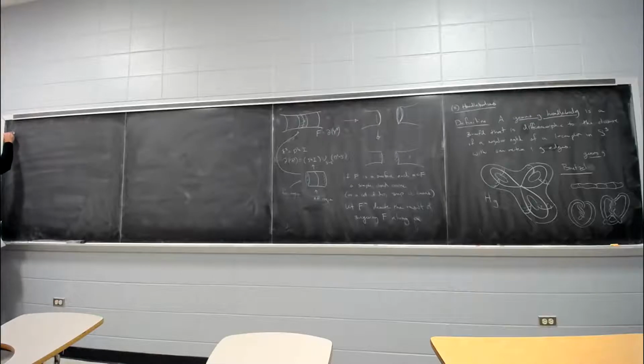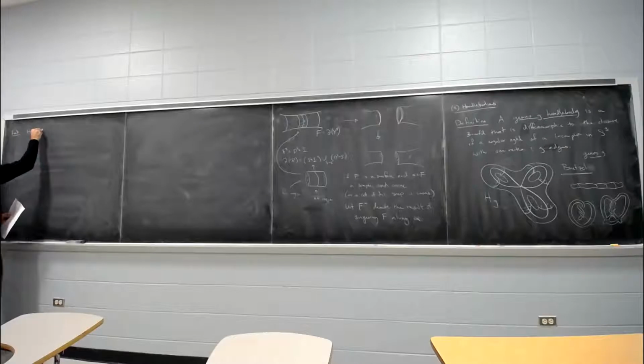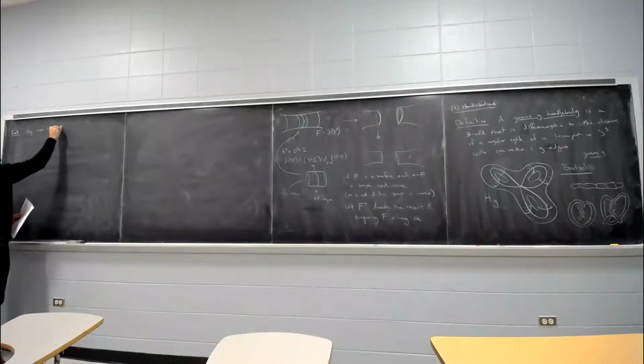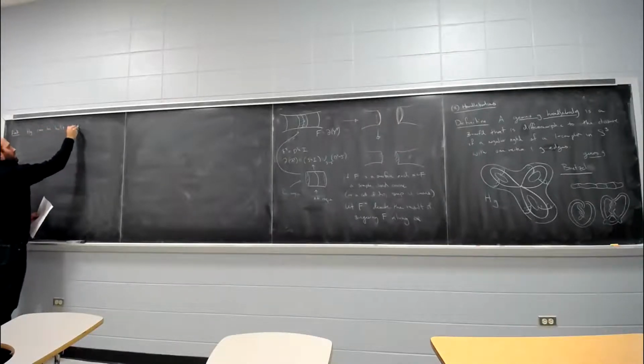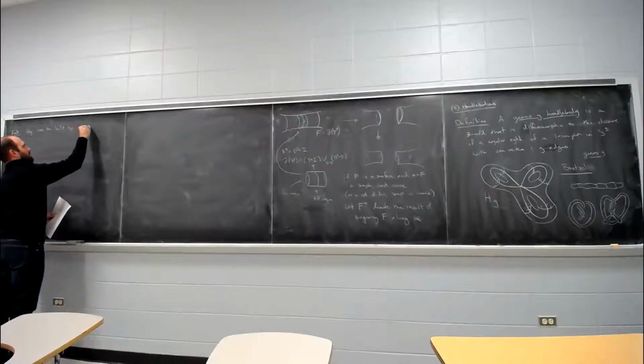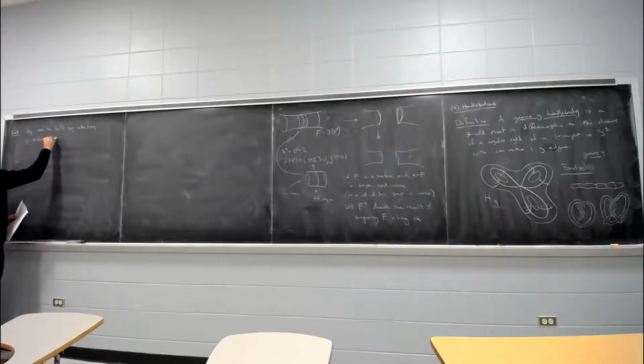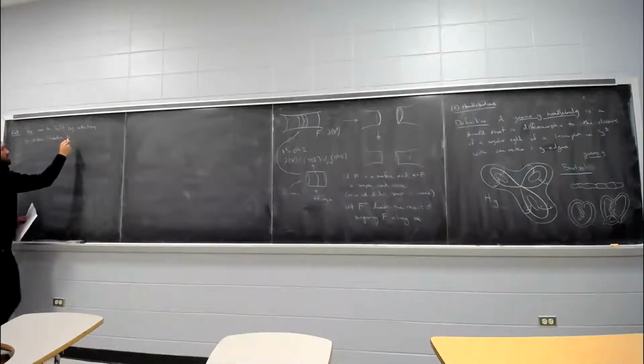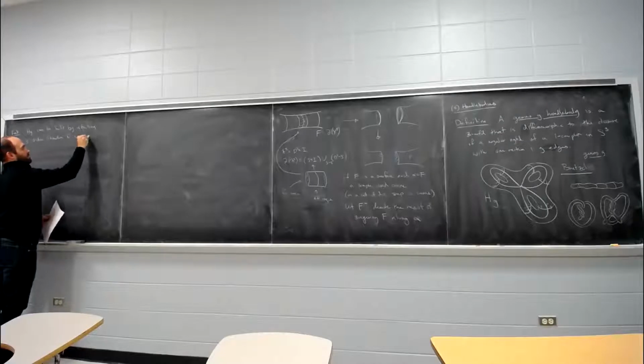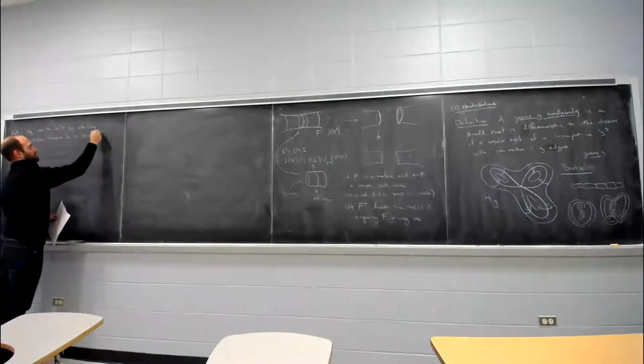So one remark is that H_g can be built by attaching g three-dimensional one-handles to a three-ball, a three-dimensional zero-handle.